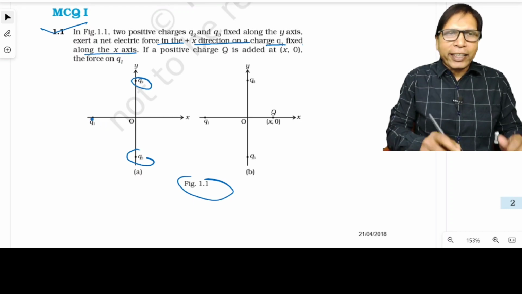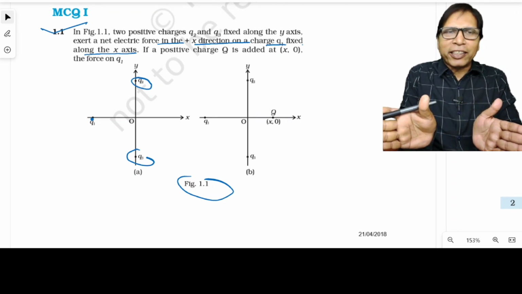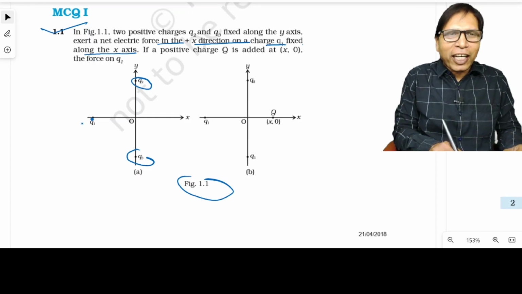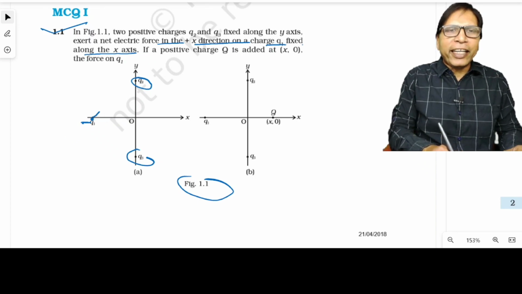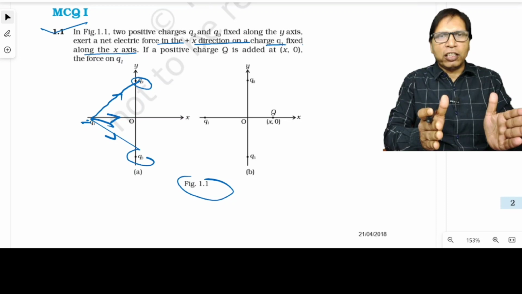This Q1 charge experiences a force towards the positive direction of x-axis. So this charge must be negative, because this charge is attracted by this charge and also attracted by this. Okay, so the resultant force is directed along this direction.